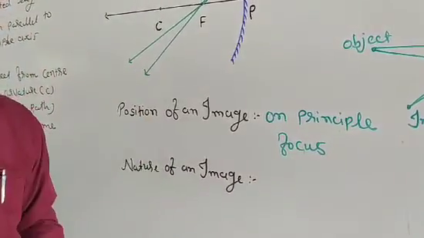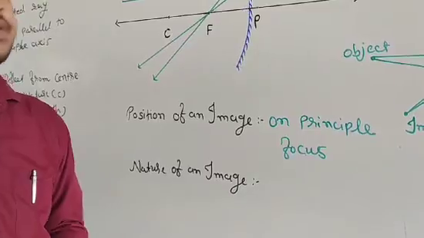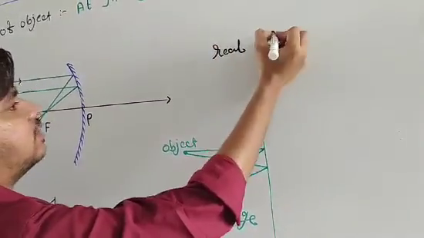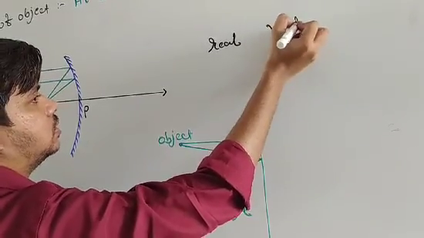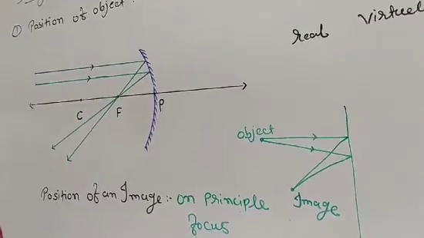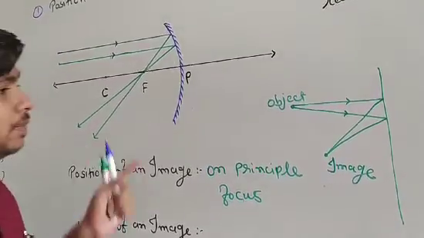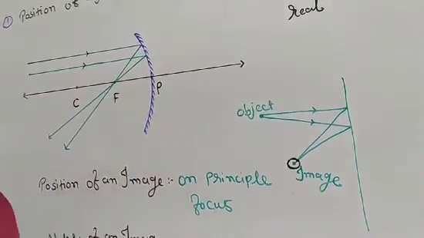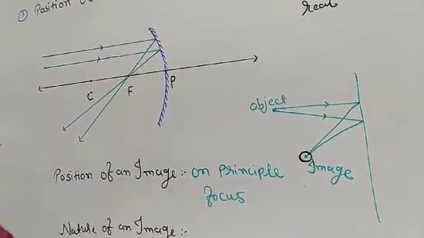Now, the nature of the image. What is the nature of that image? There are two types of nature. I have told you that one is the real one and the second one is the virtual image. Right? Is it real or virtual? The rays after reflection actually meet at one point. So you can say that it's a real image.